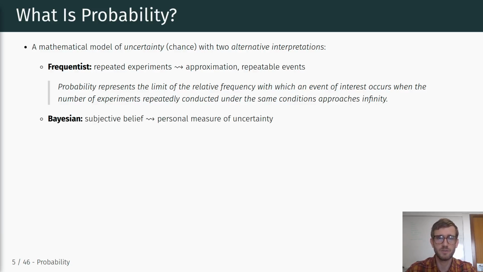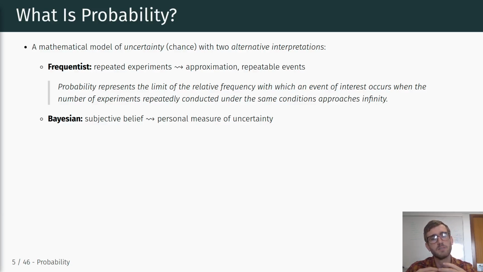So in contrast to this frequentist interpretation, which is grounded in the idea of repeatable events and approximating the relative frequency with which an event occurs, is the Bayesian interpretation of probability. In the Bayesian framework, probability doesn't represent this relative frequency, but rather represents subjective belief and is basically a personal measure of uncertainty, right?